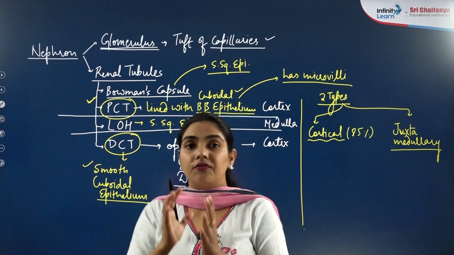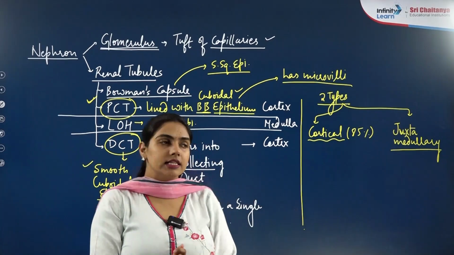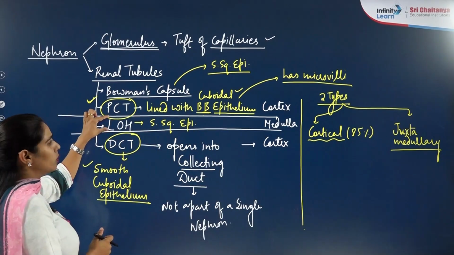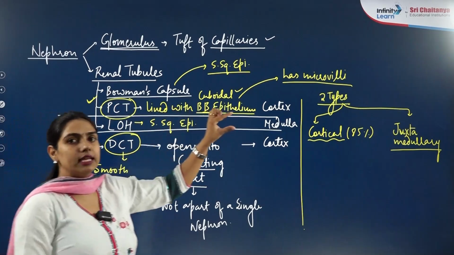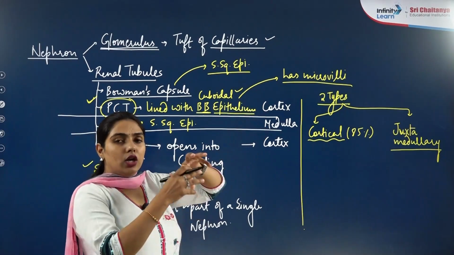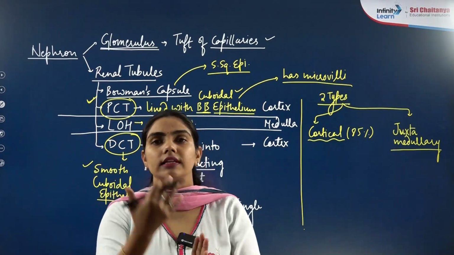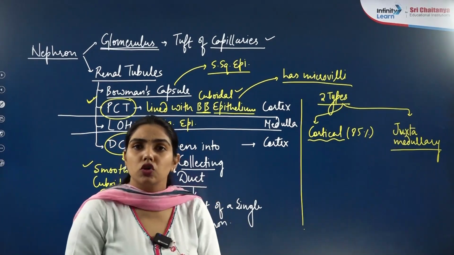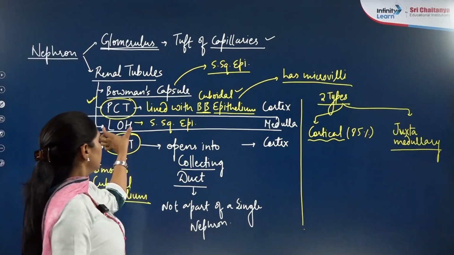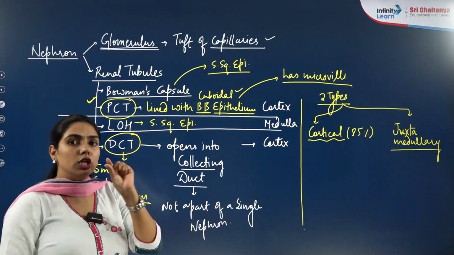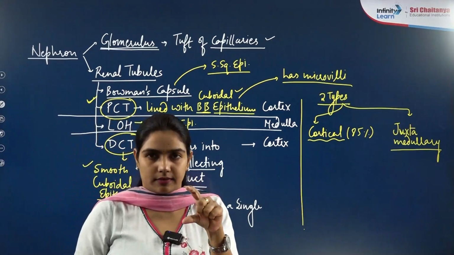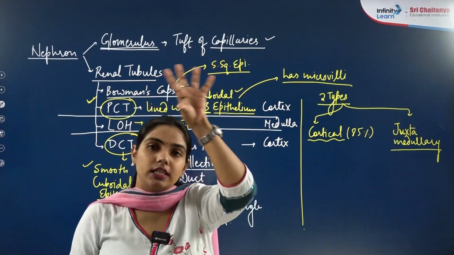What is the difference? The difference is in the loop of Henle. The difference is in the location, whether they are more in the cortex or more in the medulla. This is the deciding factor. If the loop of Henle is short, then the major part is present in the cortex.